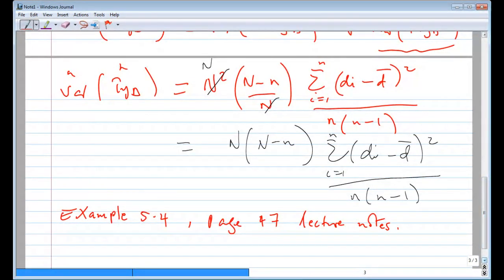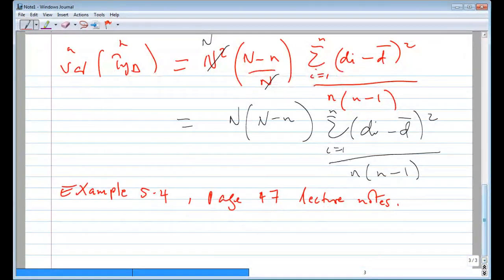So we have got table 5.4 there on page 48.